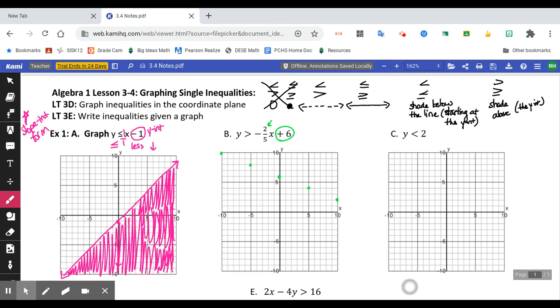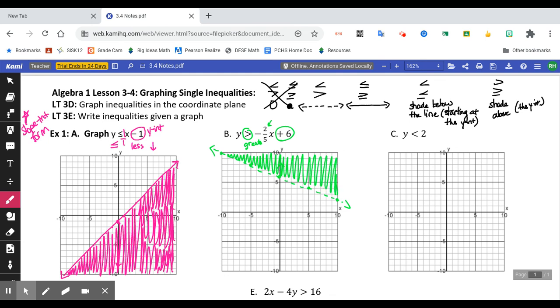My symbol is just a greater than, so it doesn't have the equal to. So I'm going to do a dashed line all the way across. And then again, it is greater. So it means I have to go above my y-intercept. So everything above it is going to be shaded.